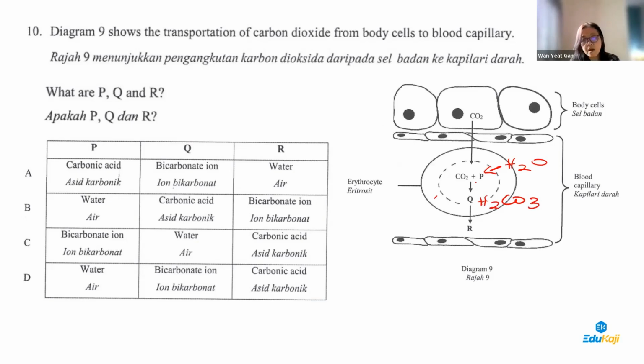And then the H2CO3 will dissociate to form H plus and HCO3 minus. So R is actually HCO3 minus, which is the bicarbonate ion. So the answer is B.